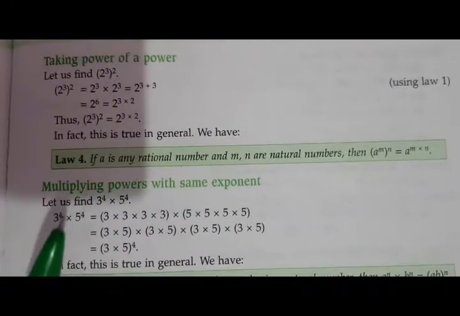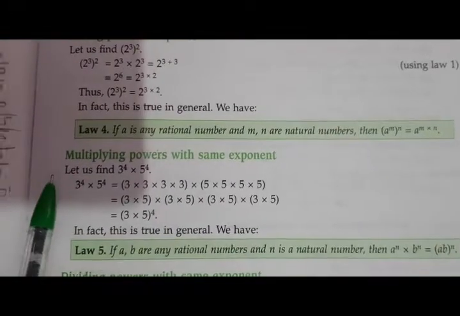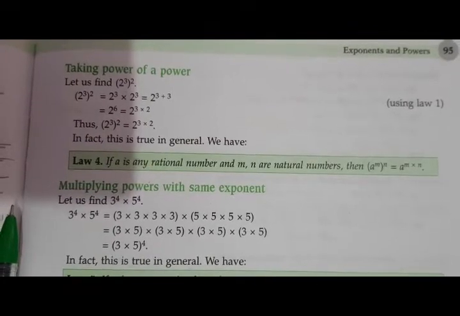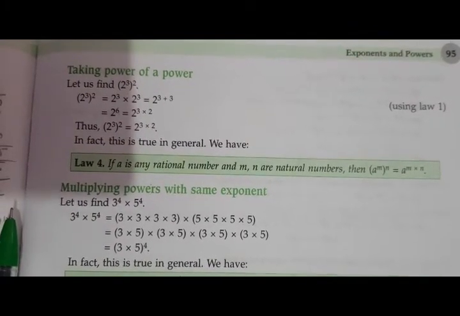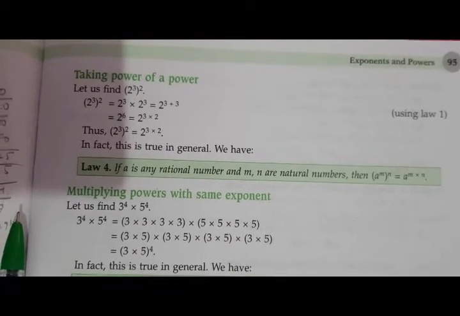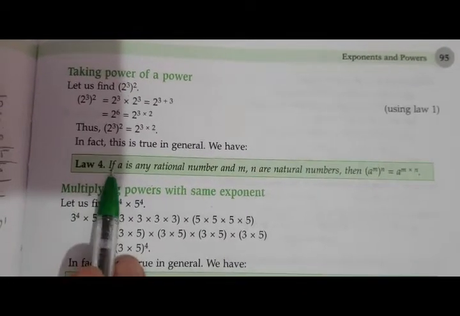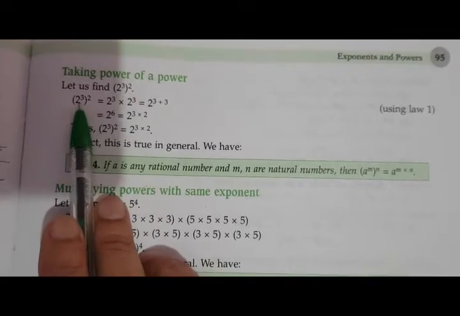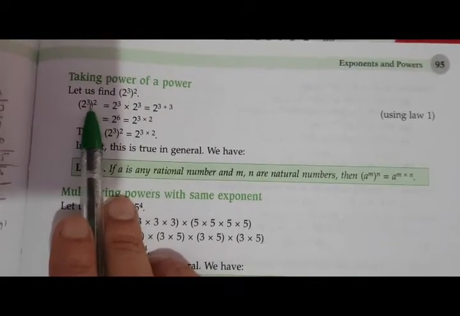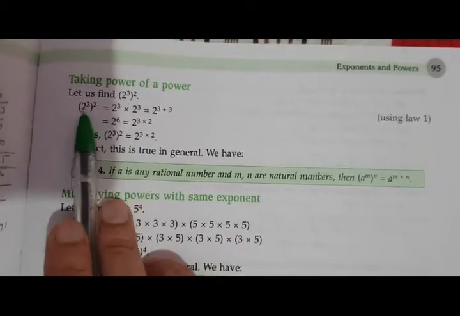Okay, taking the power of a power. Now the fourth law says if a is any rational number, and m and n are natural numbers, then a to the power m inside the bracket, raised outside to n, we multiply m into n. Here a is the base, that is 2, m is 3 and n is 2. In such cases we multiply the powers when they are inside the bracket like this.